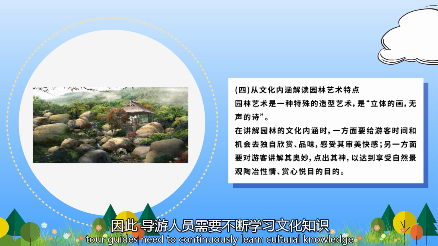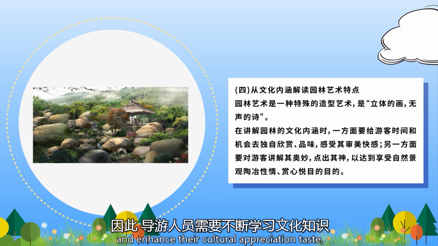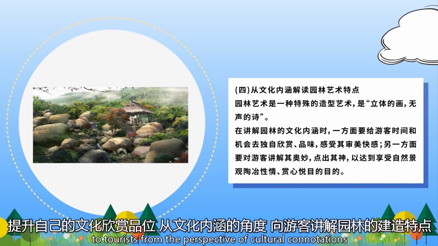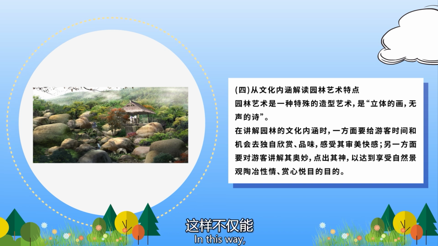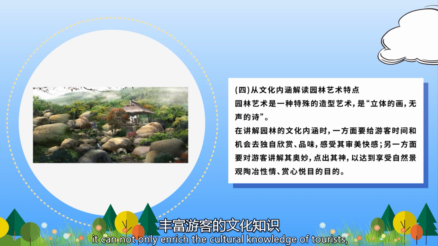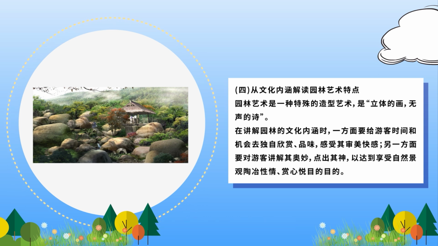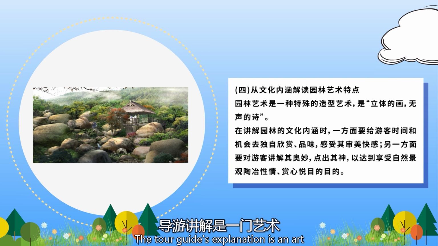So, tour guides need to continuously learn cultural knowledge and enhance their cultural appreciation taste, and explain the construction characteristics of the garden to tourists from the perspective of cultural connotations. In this way, it can not only enrich the cultural knowledge of tourists, but also improve the quality of tour guide services.